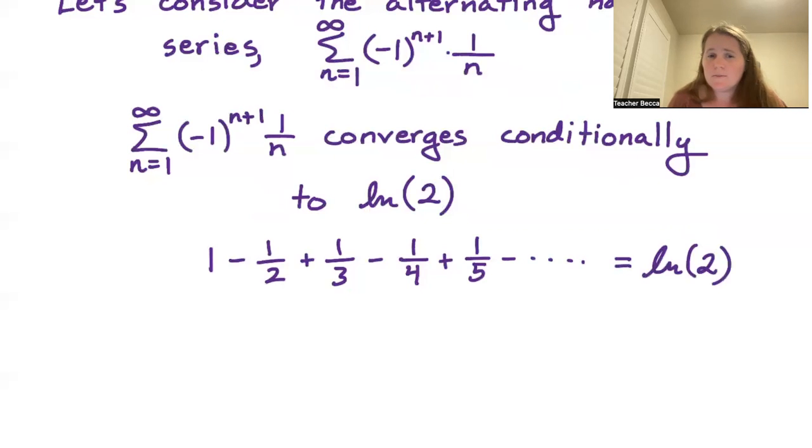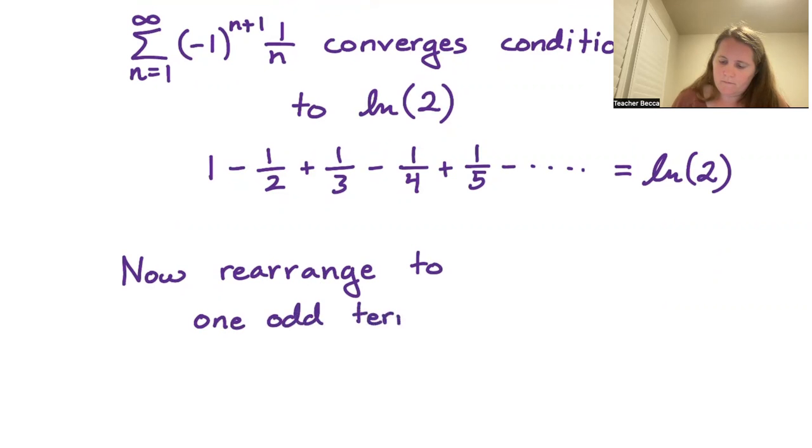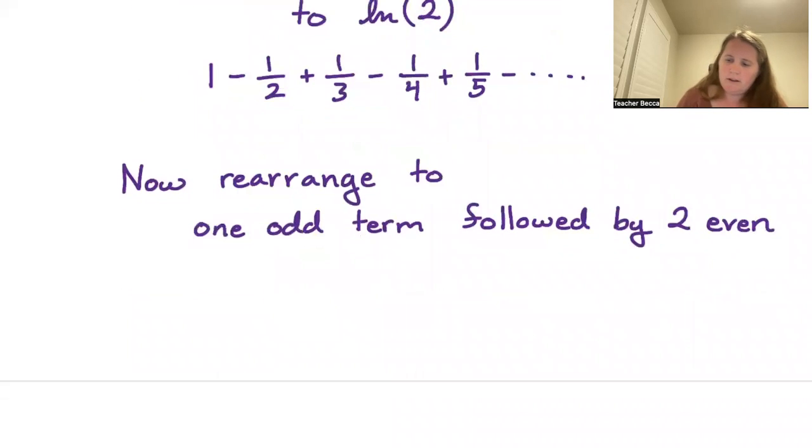Now we're going to rearrange to 1 odd term followed by 2 even. So again, the odd terms are my positives, the even terms are my negative terms. So this becomes 1 minus a half minus 1/4.